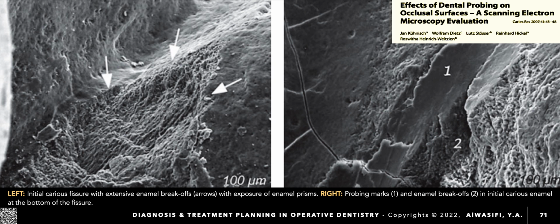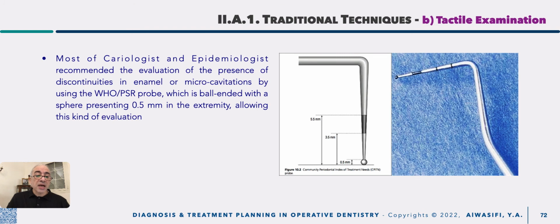That's why most cariologists and epidemiologists recommend evaluating the presence of discontinuity of enamel, or microcavitations, by the use of the WHO PSR probe, which is a ball-ended one, as we mentioned before, used in tactile examination, with a sphere of about 0.5 millimeter in its extremities or in its diameter.